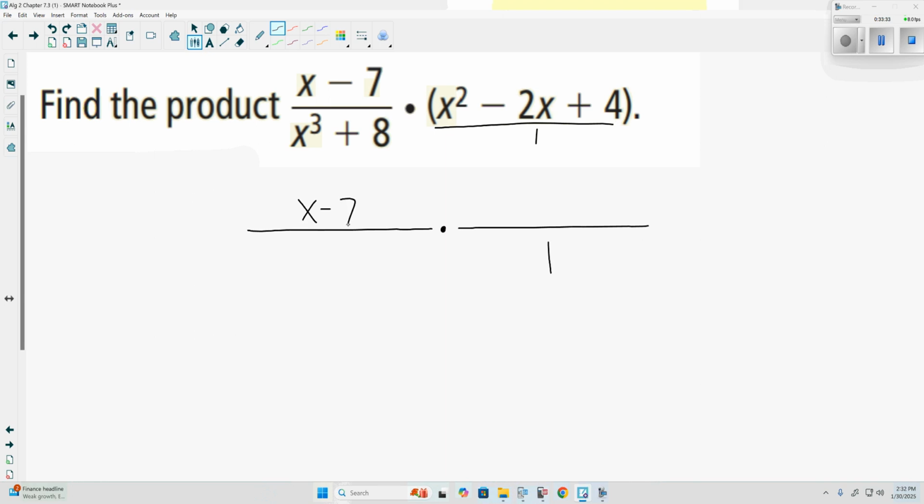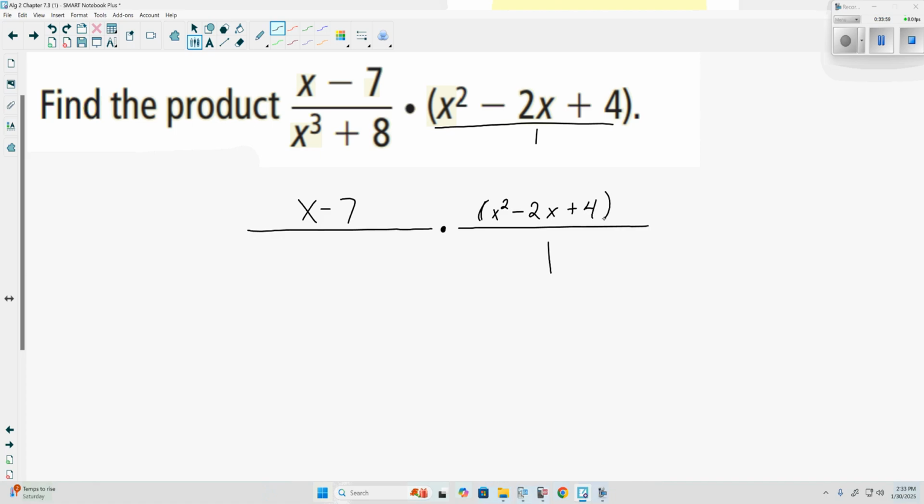X minus 7 is nice. It's just x minus 7. It doesn't factor. Well, with these cubics, there's a good chance that the x squared minus 2x plus 4, we might not need to factor it, because of our x cubed plus 8.